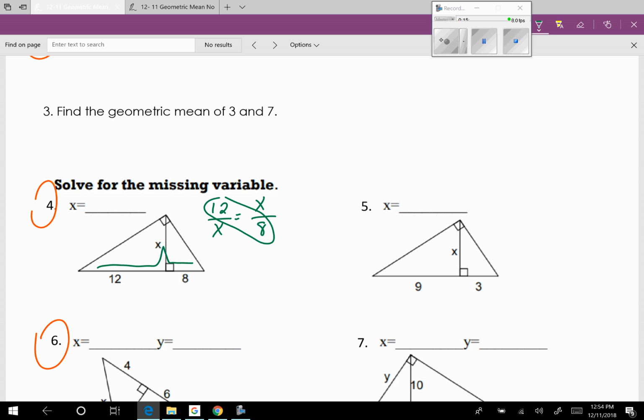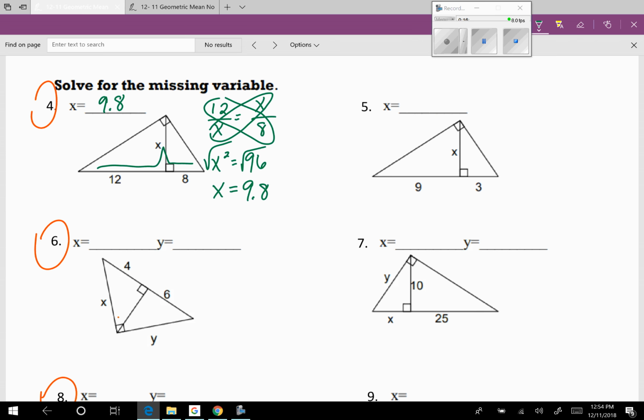So we multiply. x squared is equal to 96. We take the square root, so x is the square root of 96. You get 9.79. So what does that round to? 9.8.